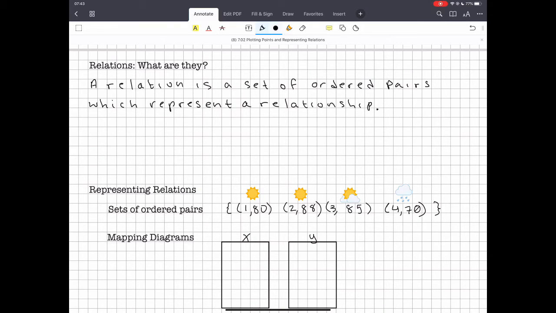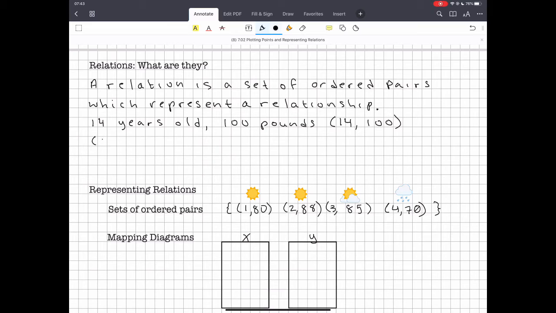So a relationship could be something as simple as someone is 14 years old and they weigh 100 pounds. The relationship is between their age and their weight. And we could represent that as an ordered pair as 14, 100. So this is an example of a relationship.